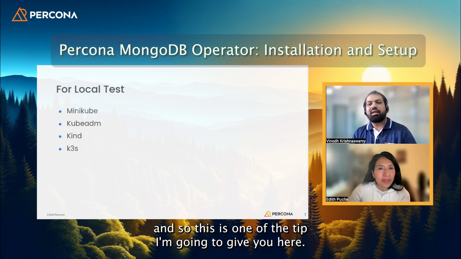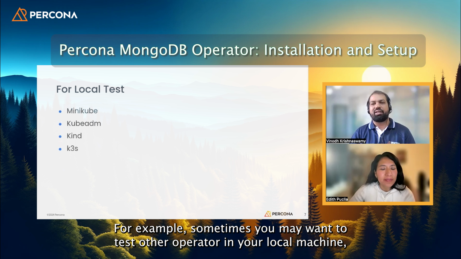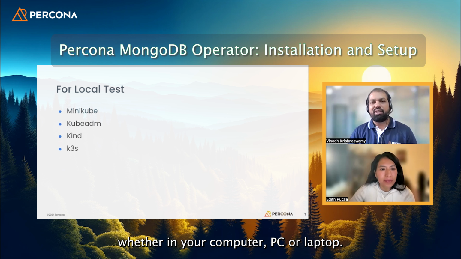This is one of the tips I'm going to give you here. For example, sometimes you may want to test your operator on your local machine, whether your computer, PC, or laptop. In that case, you don't need to worry about having the cloud environment or on-prem environment. You can install one of these tools which comes with a Kubernetes installation.